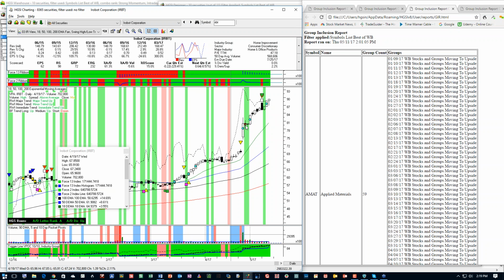And whenever there's a green pullback bar here, you can screen on these. Now, you may have to look through a bunch of stocks, but there are ways to find these stocks. They're just not appearing in what I'm looking at. That's all there is to it.